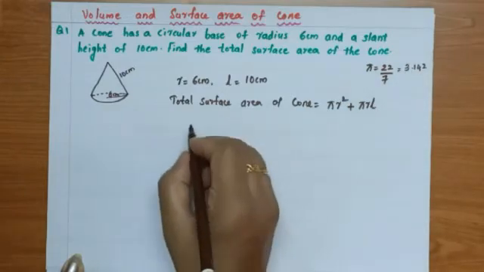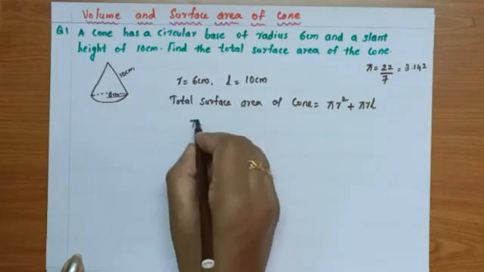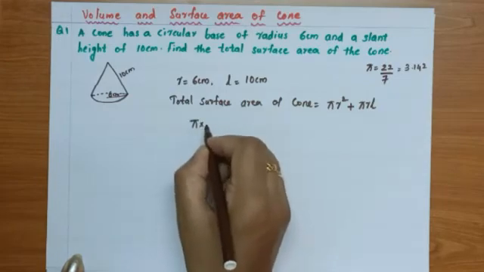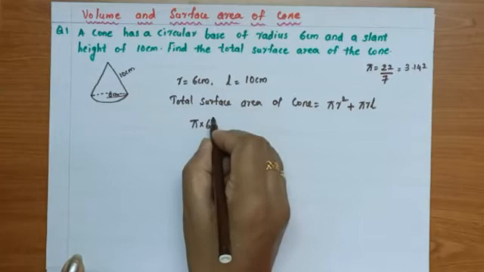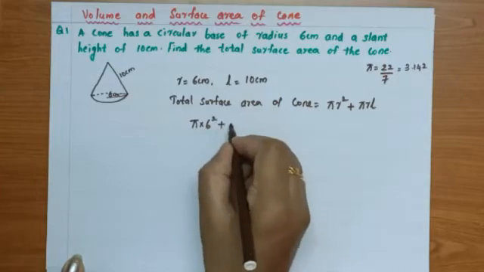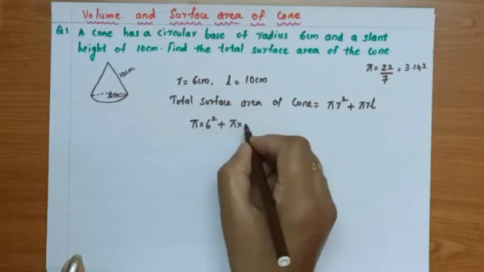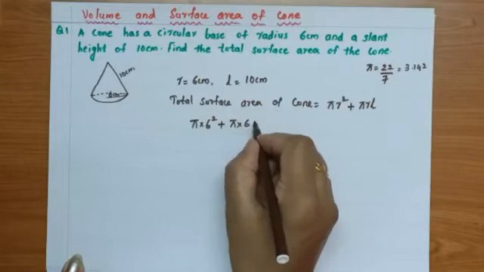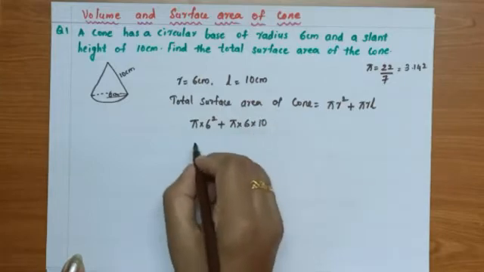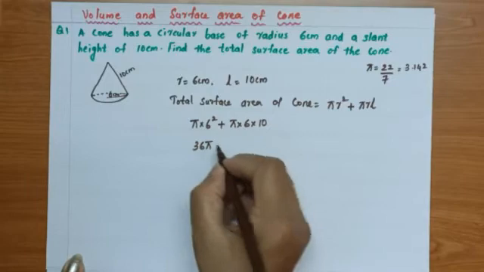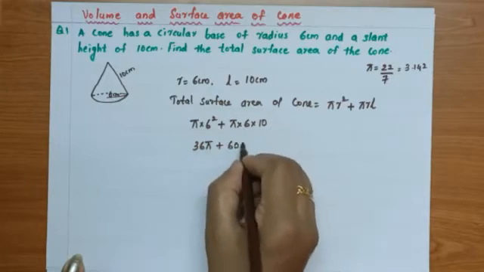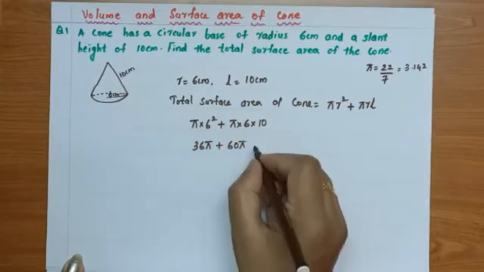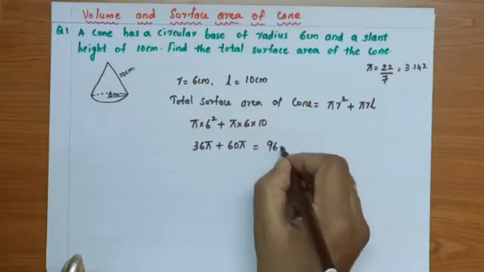So pi r square is pi multiplied by 6 square, plus pi multiplied by r, which is 6, and L, which is 10. So this is 36 pi plus 60 pi, which will be 96 pi.